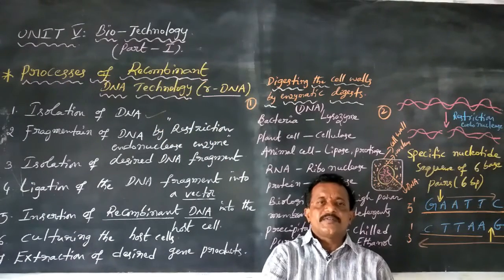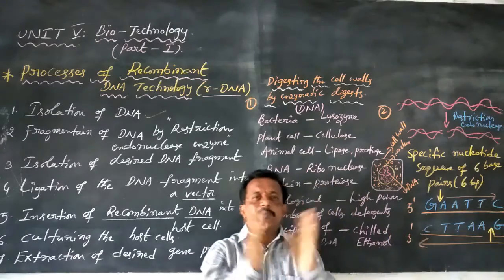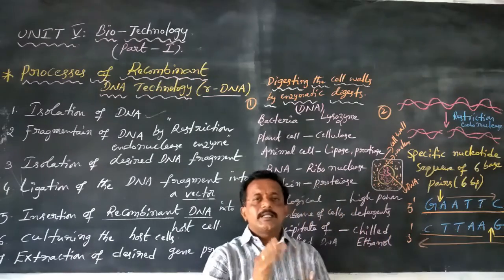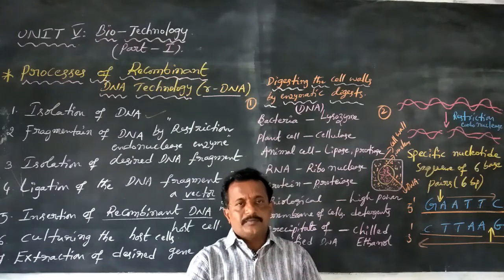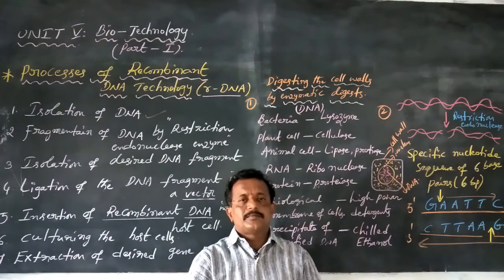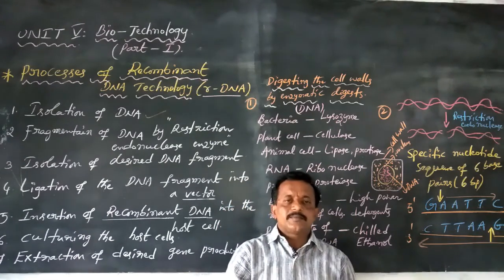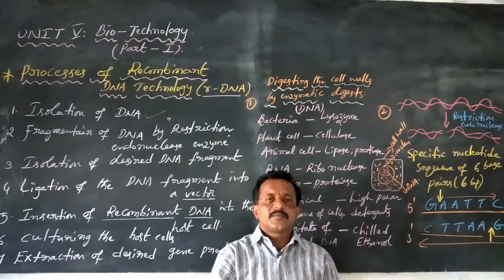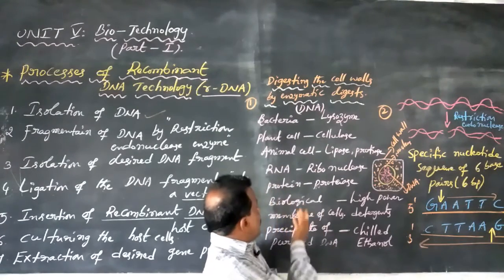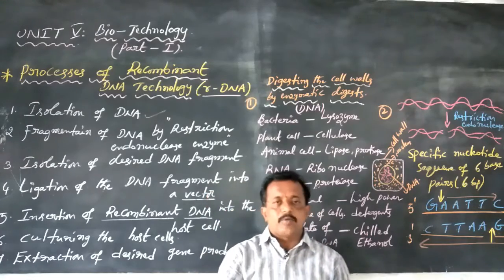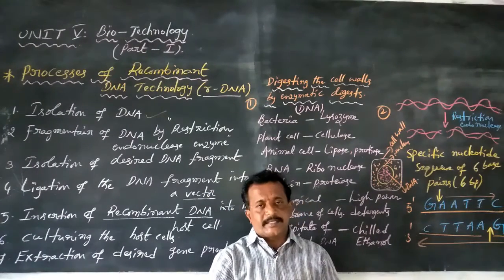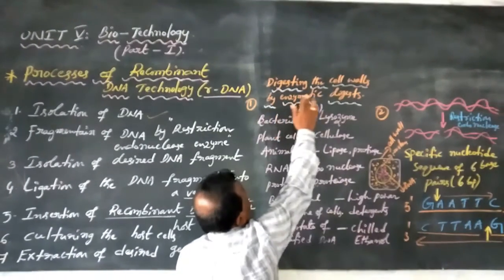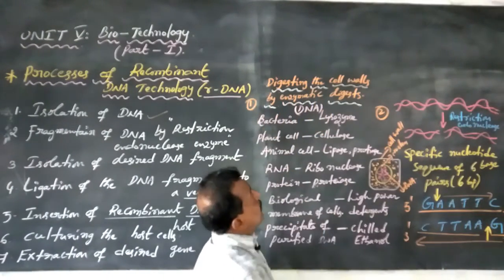So first, how do we separate the DNA molecule in every organism, whether a plant cell, an animal cell, or a bacterial cell? Here we digest the cell walls by enzymatic action.